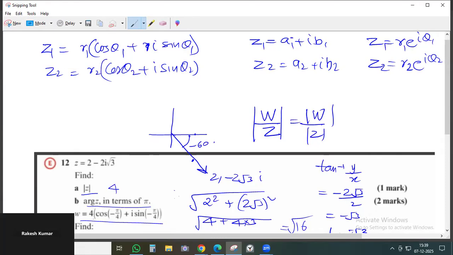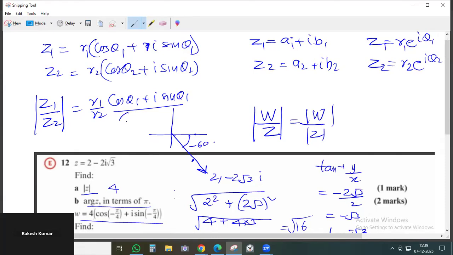Okay. Now, if you divide z1 by z2, you will get r1 by r2 here, and you will get cos theta 1 plus i sin theta 1 over cos theta 2 plus i sin theta 2.